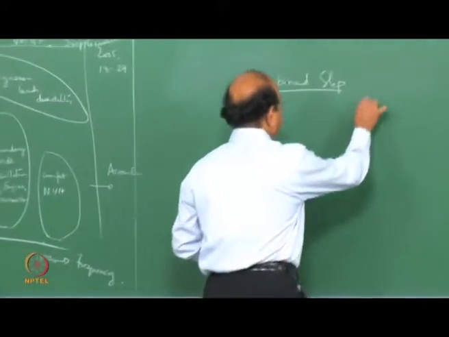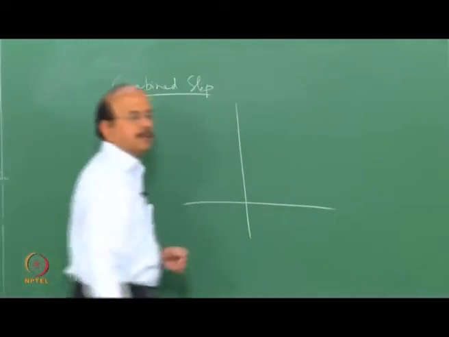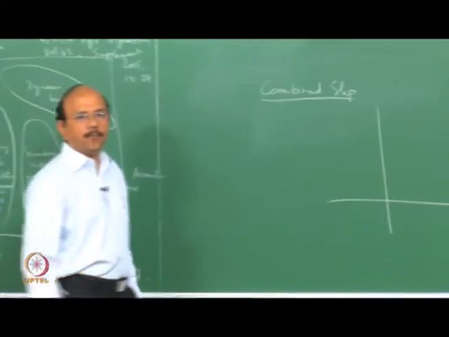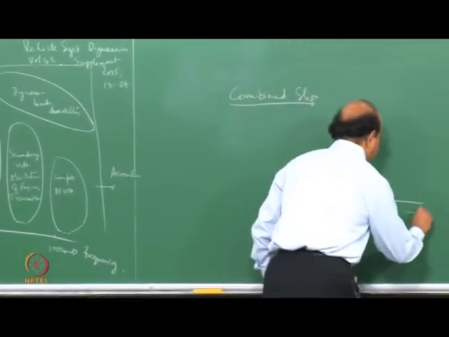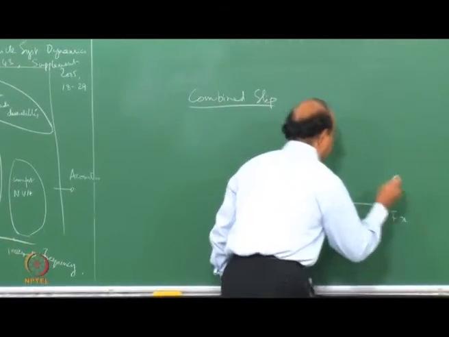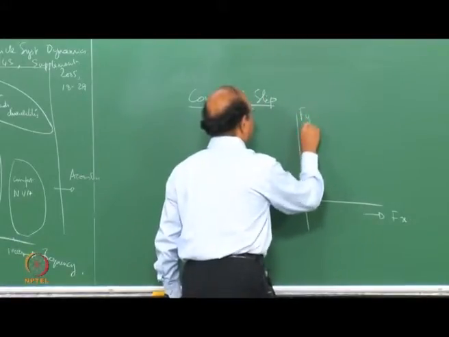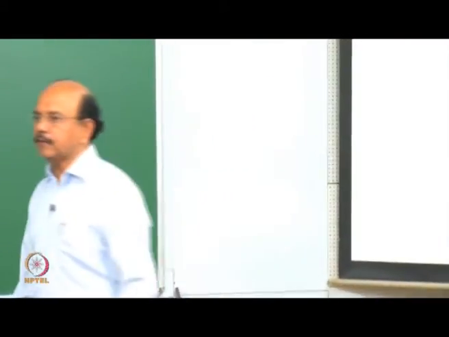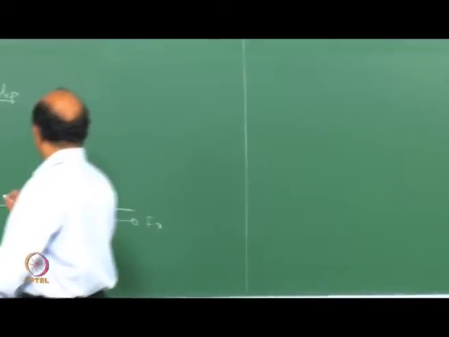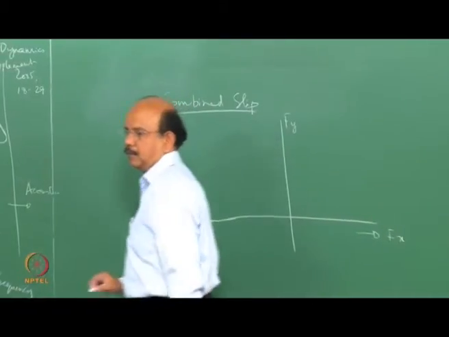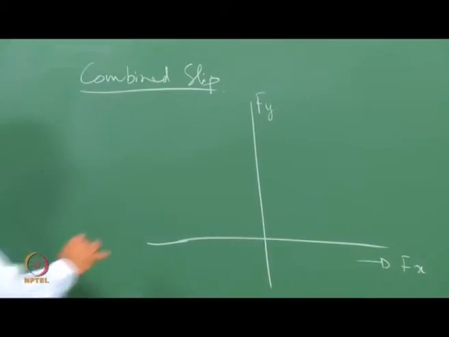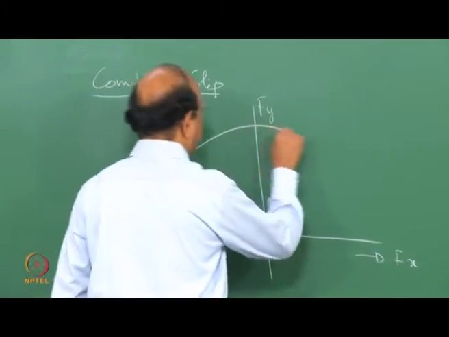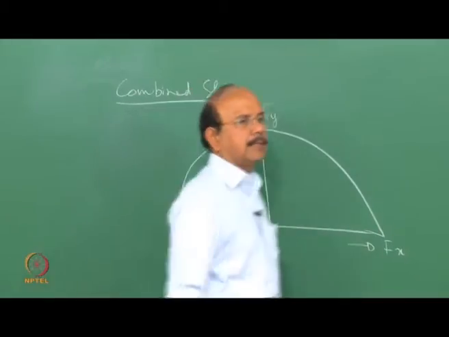So if I now plot, say for example, the force Fx and the force Fy, if I now plot this graph, this, because of certain reasons of anisotropy and so on, would become an ellipse, something like this.